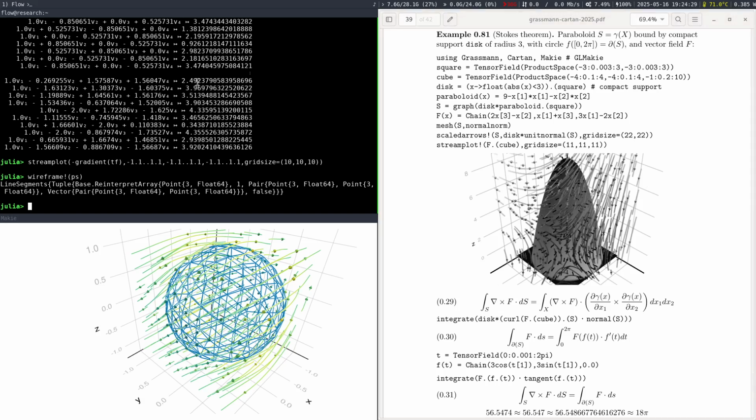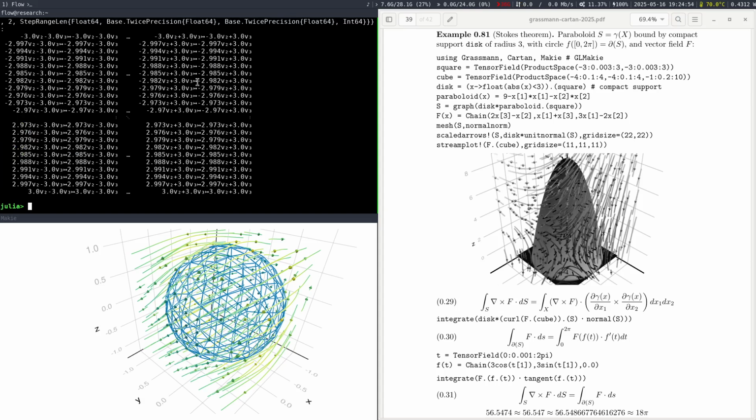So this is just a nice example that we're gonna take a look at right now. So we're gonna produce a square and a cube.